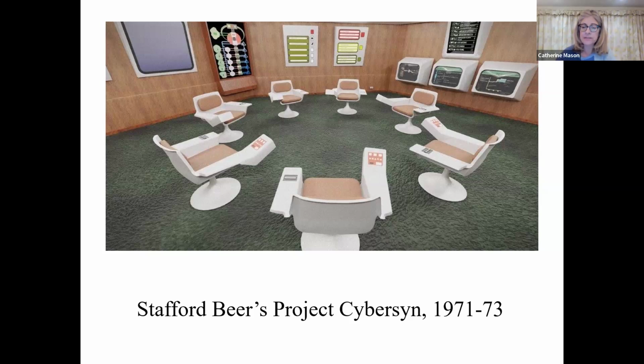Now, this was going to be a decision-making room for industrial planning and communications, and it was developed for Salvador Allende's government in Chile. Unfortunately, this was never completed. It was abandoned because there was a coup and the government was overthrown. However, you can see that this idea of participants interacting through computers, their decisions mediated through computing, came from the EcoGame.